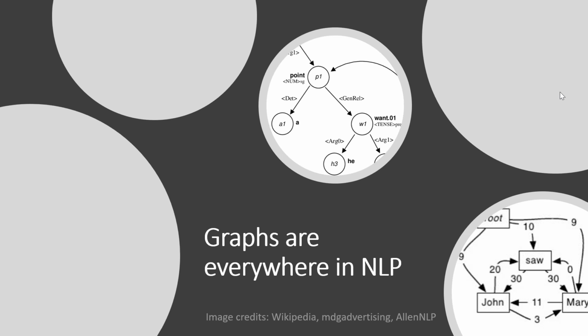So there is another question: is GNN used only in NLP, or is there a use case in vision and other places? As I mentioned at the beginning of this session, yes, NLP is one of the aspects that GNN is used for. GNN can be used for textual, image, video, or knowledge processing.